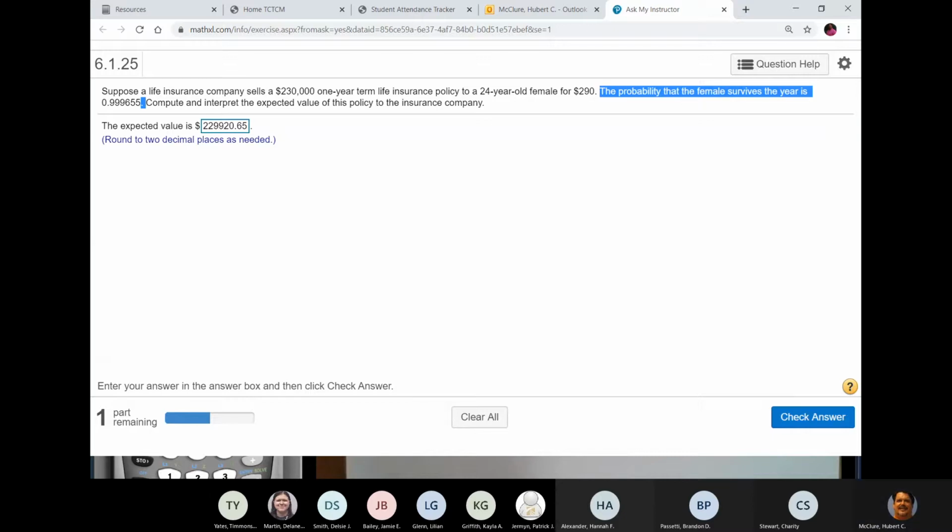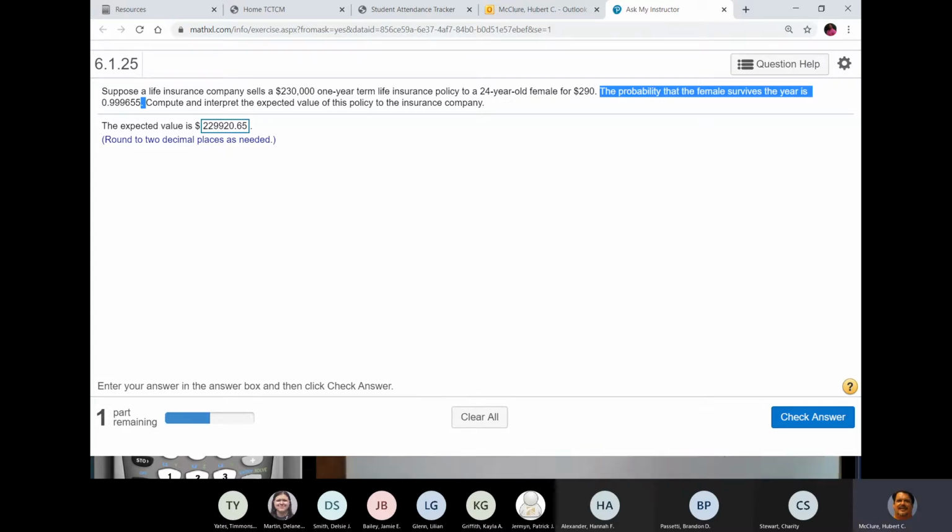So let's say that she makes her payment in January and she dies in March. Does the insurance company have her $290? Yes. So technically, on paper, how much do they owe her in their eyes if they have received $290 and she dies in March?